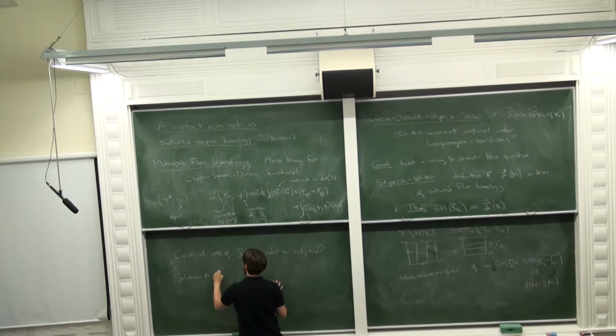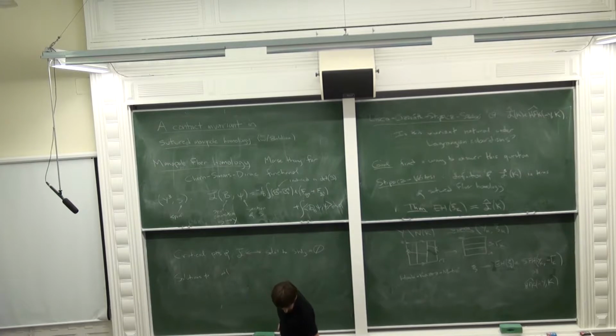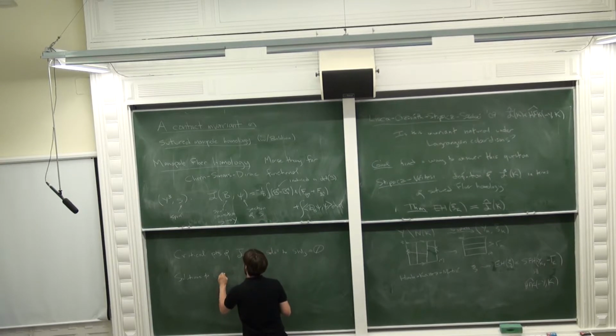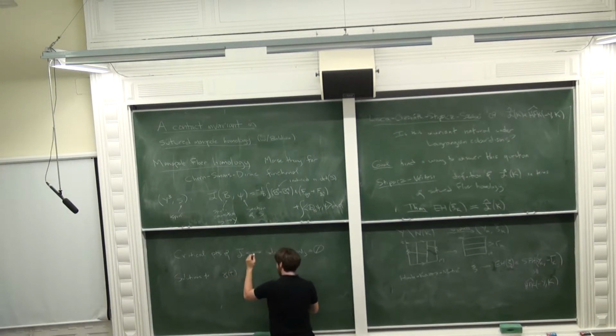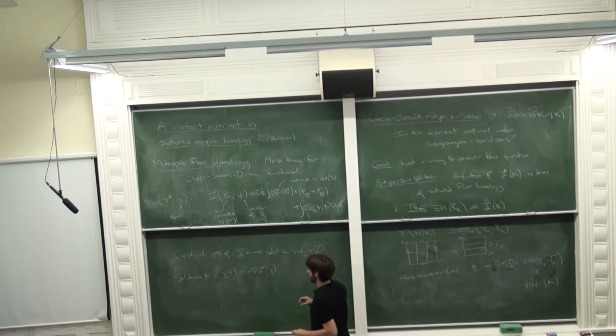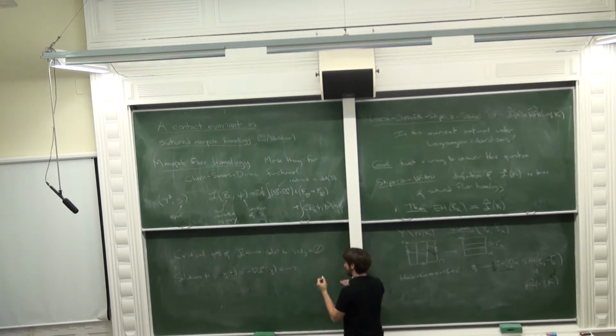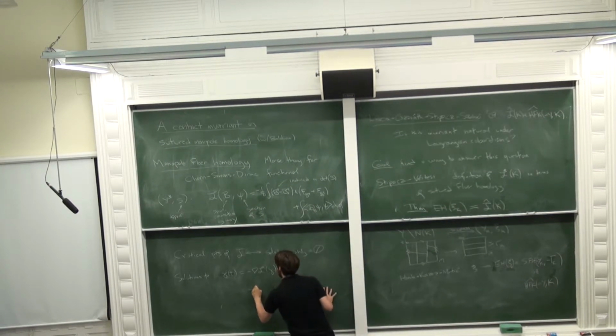Solutions to the equation again, in this space of connections and sections of a spinor bundle, are basically in one-to-one correspondence with solutions to the four-dimensional Seiberg-Witten equations.